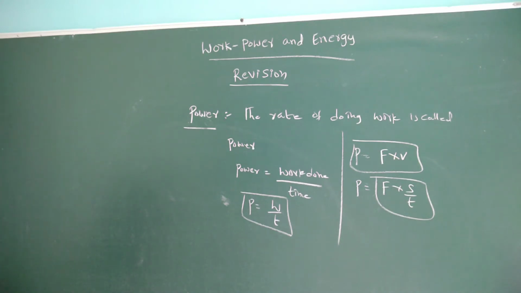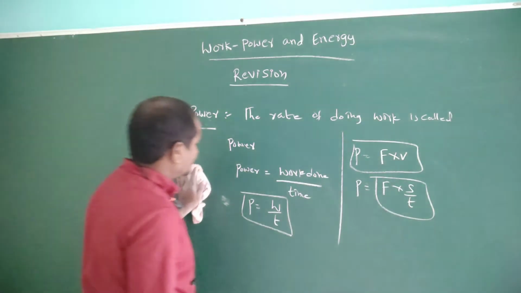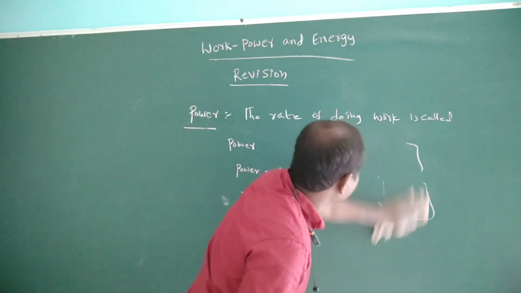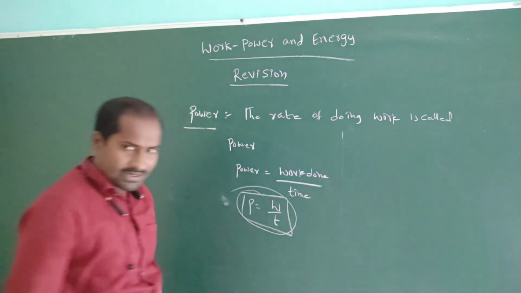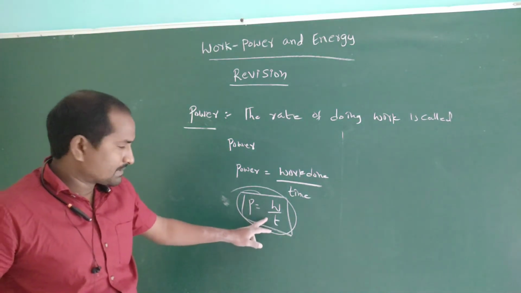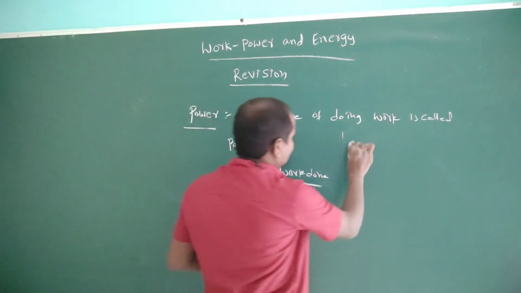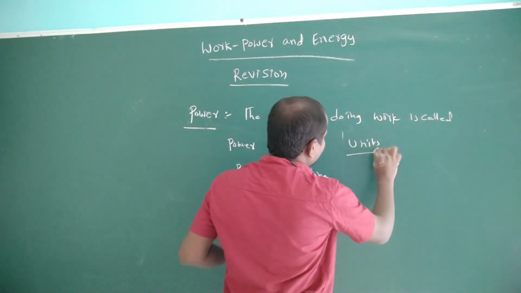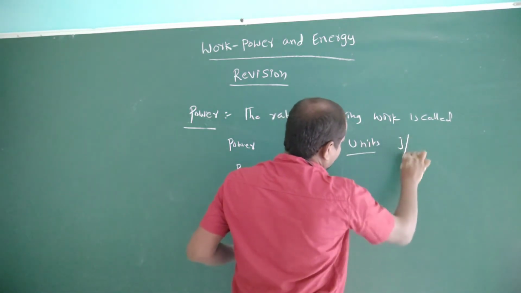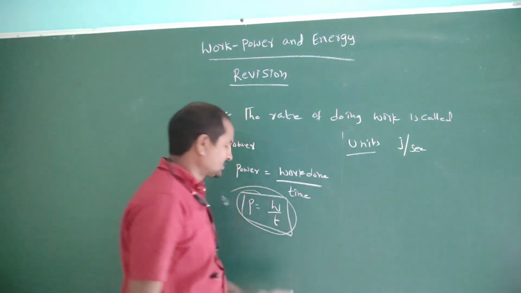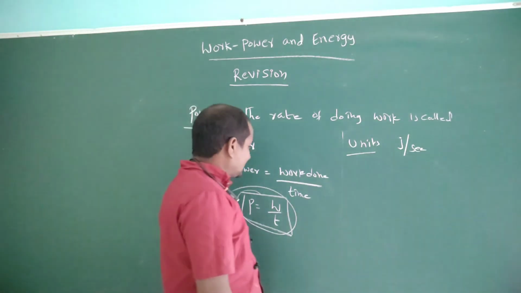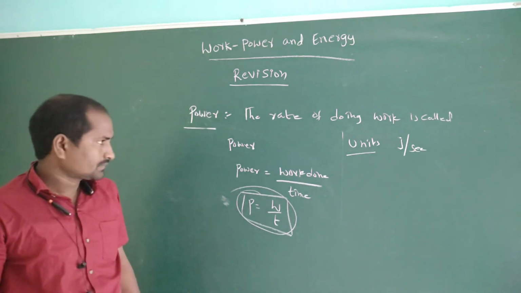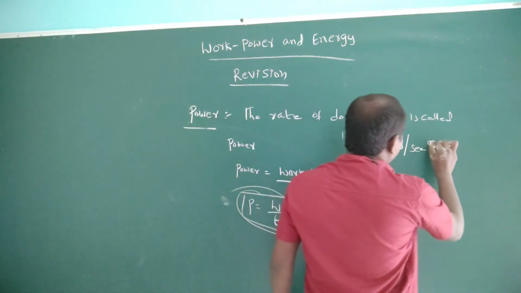Now the units for power. Power equals work done by time. Work done is measured in joules in the SI system. So the unit for power is joule per second. This is the SI unit of power, or we can write watt also.